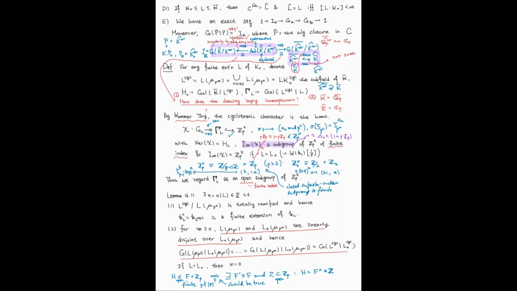And for m greater than or equal to n, this field and L_0(mu_{p^m}) are linearly disjoint over L_0(mu_{p^n}), and hence that implies this equivalence. And if L is equal to L_0, then n is 0.